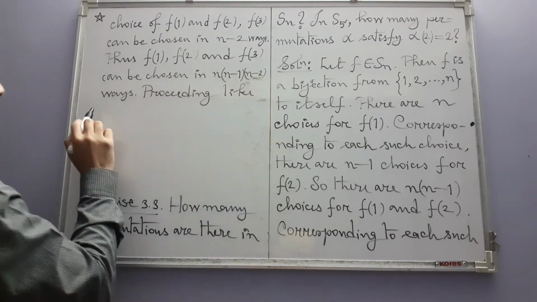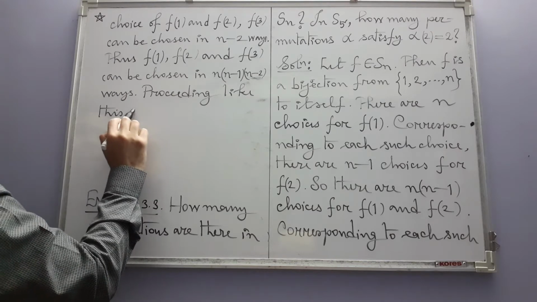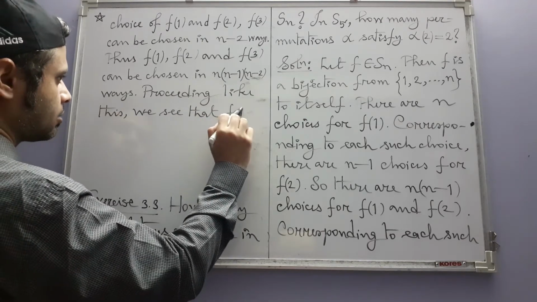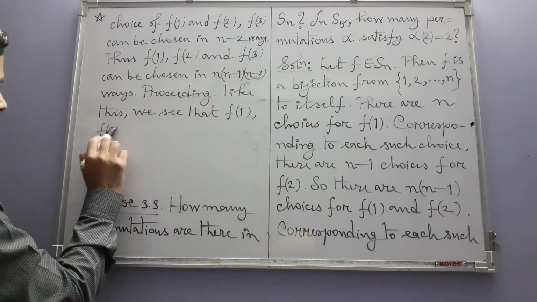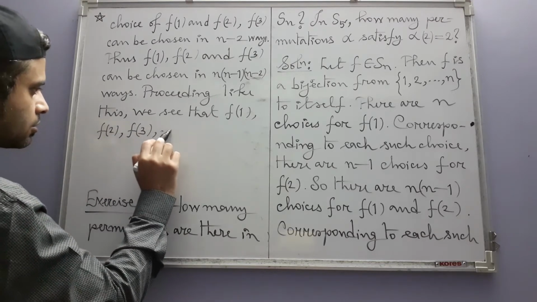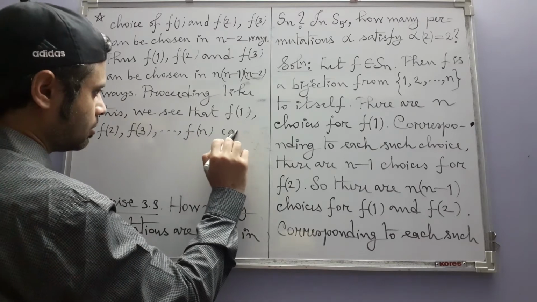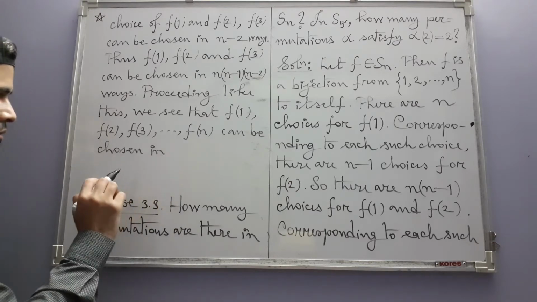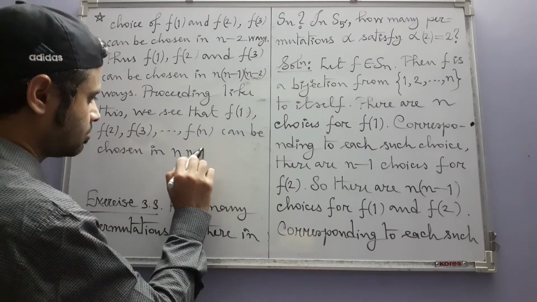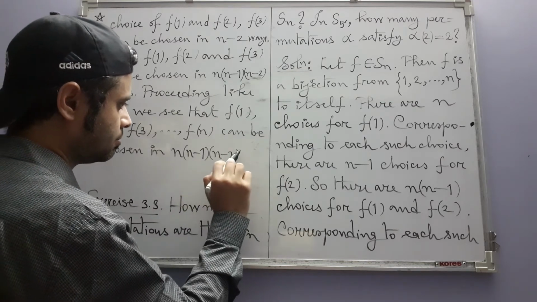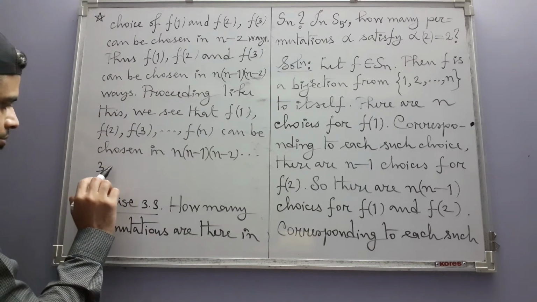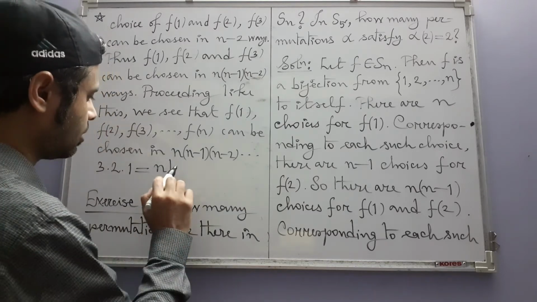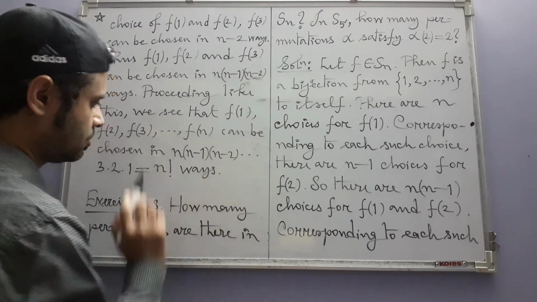Proceeding like this, we see that f of 1, f of 2, f of 3 and so on, f of n can be chosen in this many ways: n times n minus 1 times n minus 2 times 3 times 2 times 1, which you also write as n factorial ways.